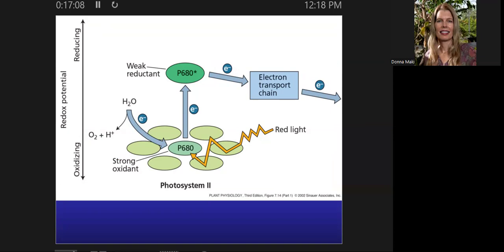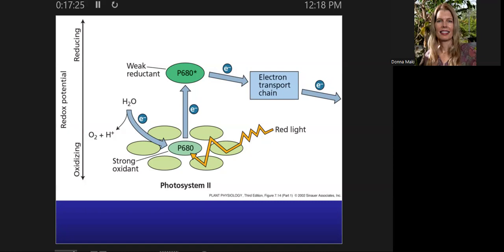So again, this idea that ultimately you do get the source of electrons for the light reactions, it's ultimately water. That's where the plant is getting its pool of electrons from. And then the light absorption kicks off the whole process.